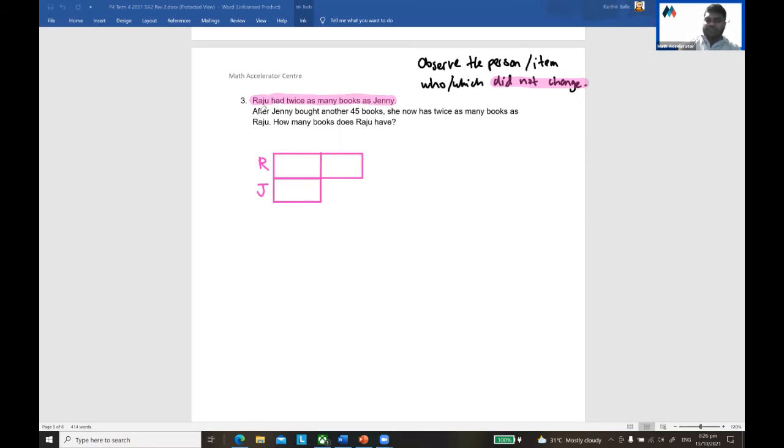After Jenny bought another 45 books, she now has twice as many books as Raju. Now, from this question here, remember what I told you to observe? So can you tell me who did not change? Okay, type in the chat, who did not change?